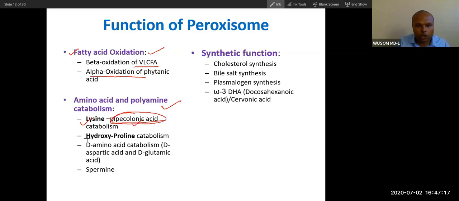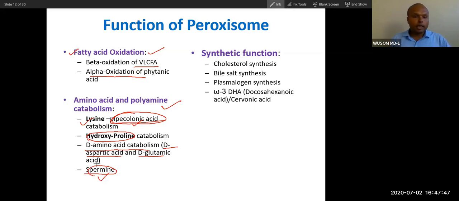Then hydroxyproline catabolism, and D-amino acid catabolism. Generally our proteins have L-amino acids, but brain neurotransmitters have D-aspartic acid and D-glutamic acid. If there is no catabolism of these amino acids, the brain will have problems. Spermine is a polyamine, very important during the embryonic phase.